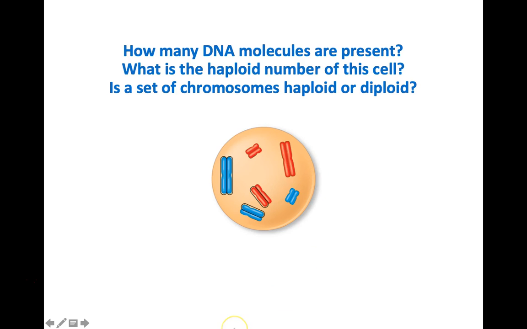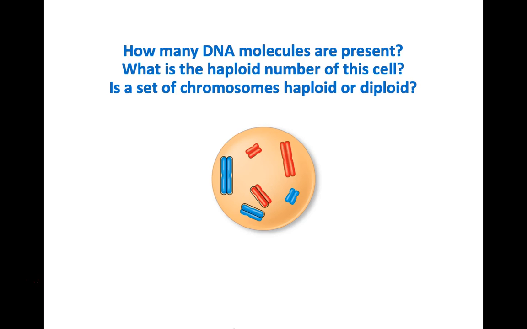So our diploid number here is going to be 2n equals 6. That means there are 6 total chromosomes, but there are 2 copies of each. So our 2n indicates 2 copies, 6 indicates the total number of chromosomes.